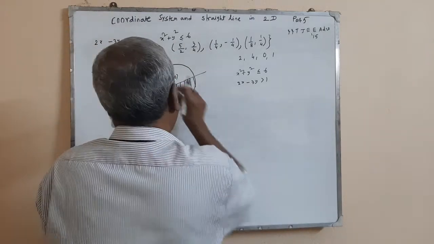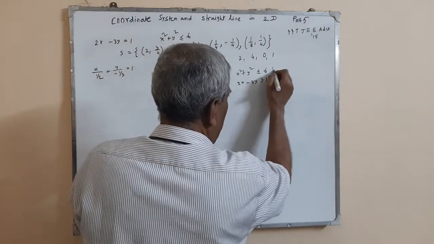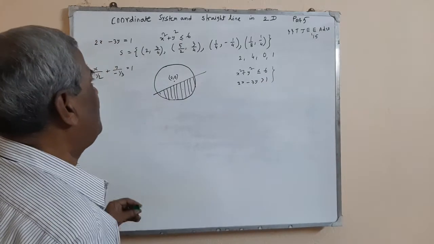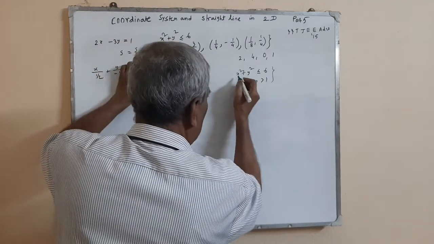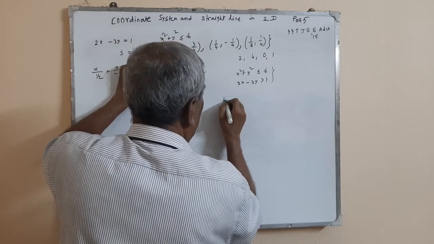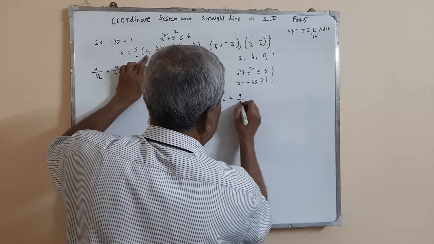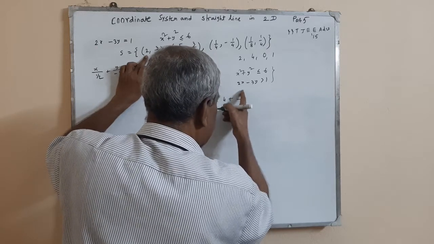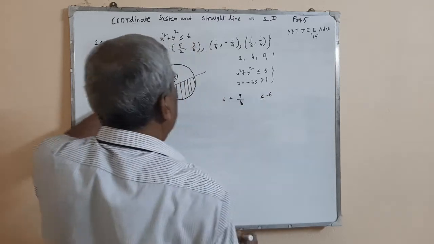Now we have to test which of these 4 points satisfies both conditions. Consider this one, 2 and 3 by 4. 2 minus 4 plus 3 by 4 means 9 by 16. It is less than 1. So obviously it is less than or equal to 6.